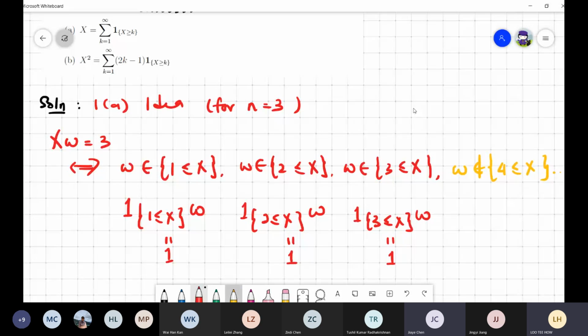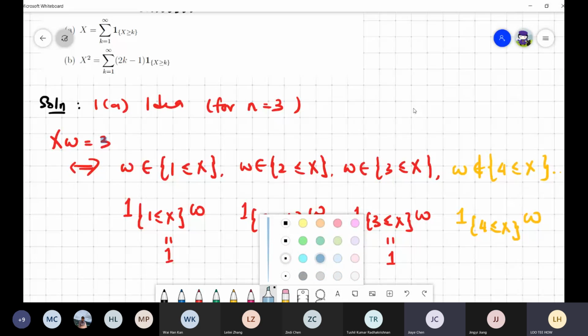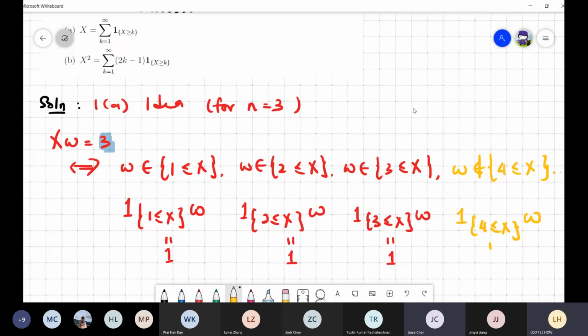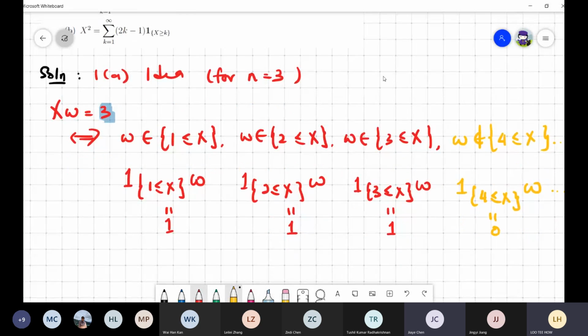But when we come to here, because the value here is equal to 3, so this is 4, so it does not belong to here, so this must equal 0 and so on. So from here you can see this, then we look at it.